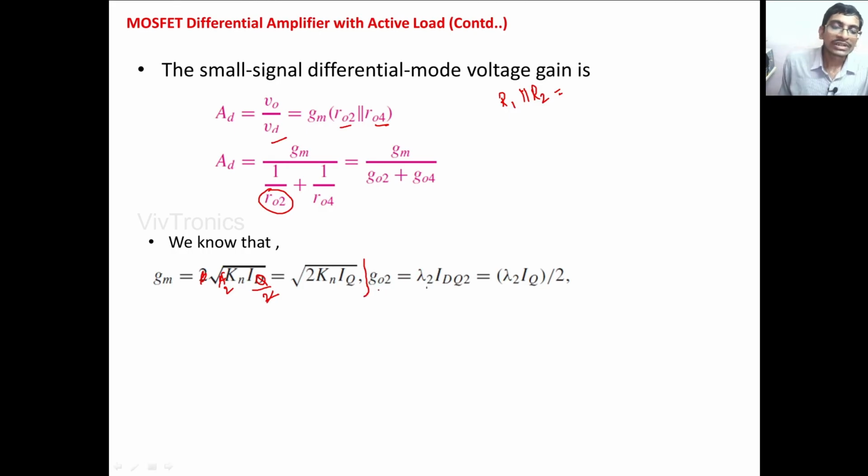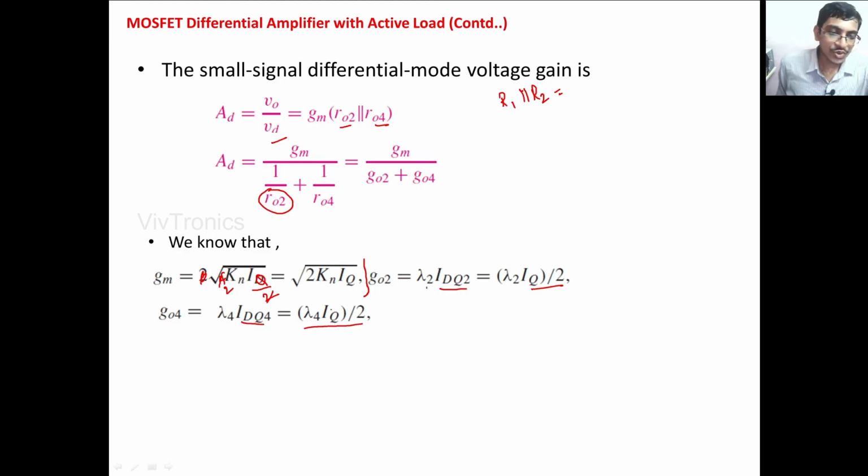And the output conductance of the second transistor can be written as lambda 2 into IDQ2, and this can be written as lambda 2 into Iq by 2 because IDQ is equal to Iq by 2. Similarly, g04 is equal to lambda 4 IDQ4, which can be written as lambda 4 Iq by 2.